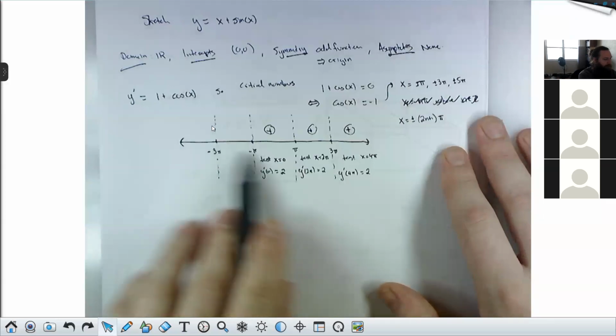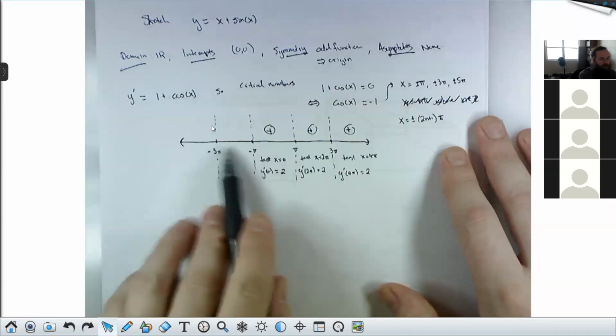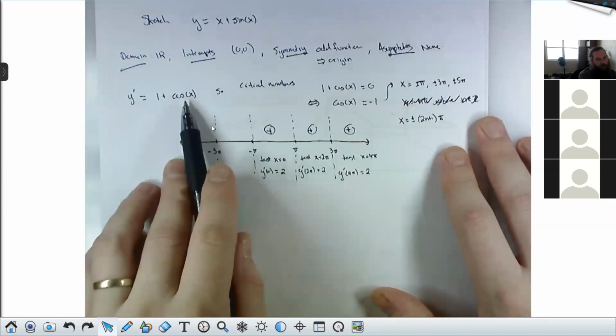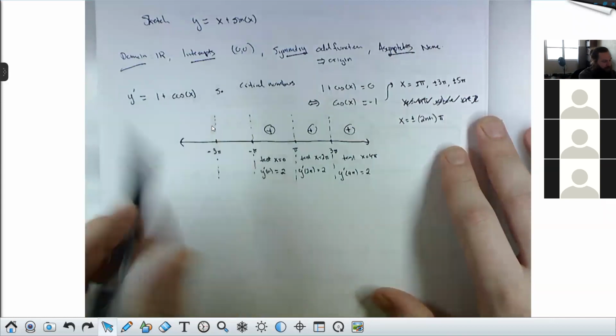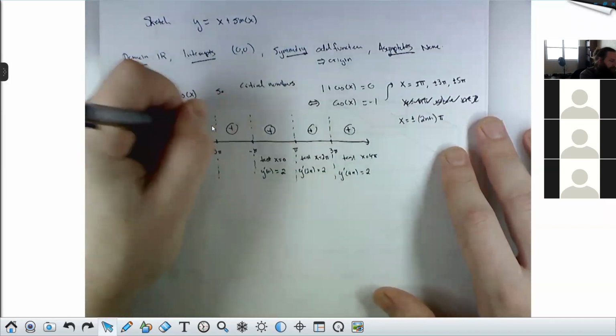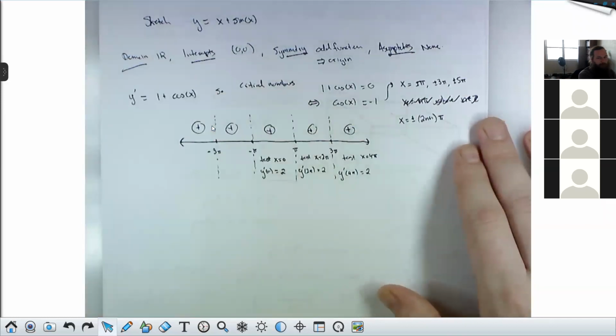There's always an even multiple of pi between any two odd multiples of pi. So you can always test the even multiple of pi. Cosine evaluated at any even multiple of pi is going to be 1. So y prime everywhere in here is positive. This function is always increasing. Or at least it's never decreasing.